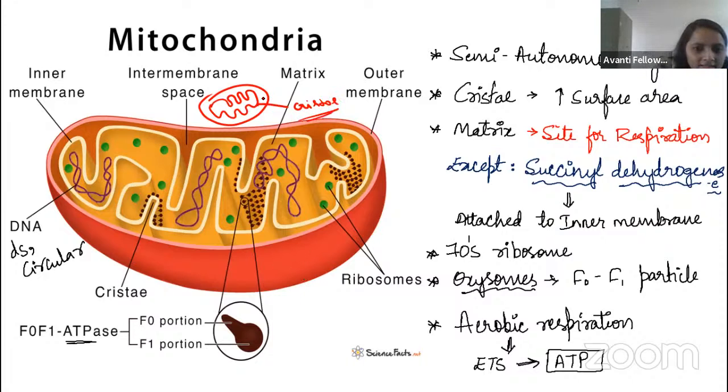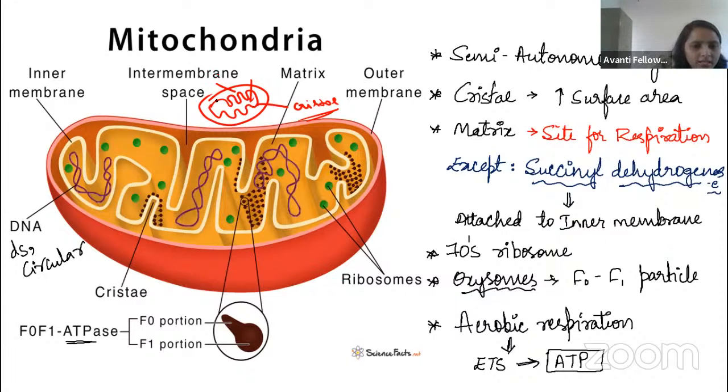Inside, the fluid we call the matrix, like the cytoplasm. Inside the cristae, we call it the matrix. Now the space between the inner membrane and the outer membrane we call the intermembrane space. Okay, guys, intermembrane space.